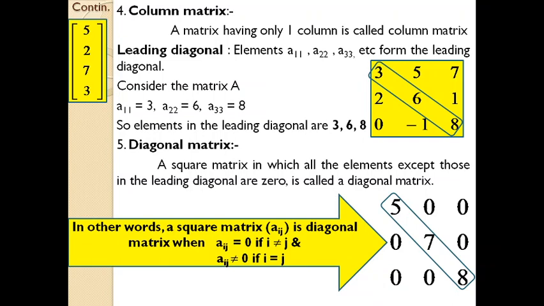In other words, a square matrix represented by Aij, where i represents row and j represents column, is a diagonal matrix if Aij equals 0 if i is not equal to j. When rows and columns are not equal to each other, in that case Aij will be 0.